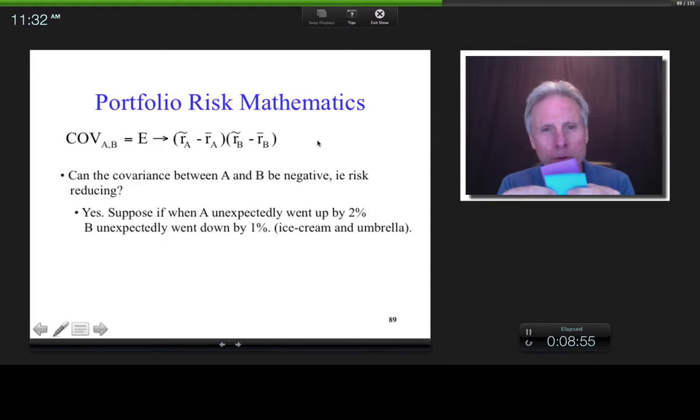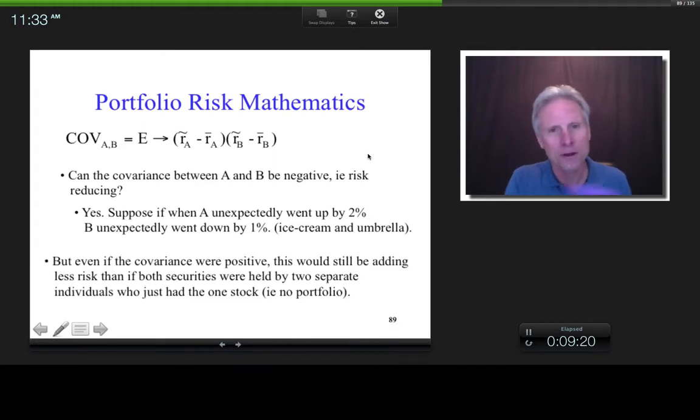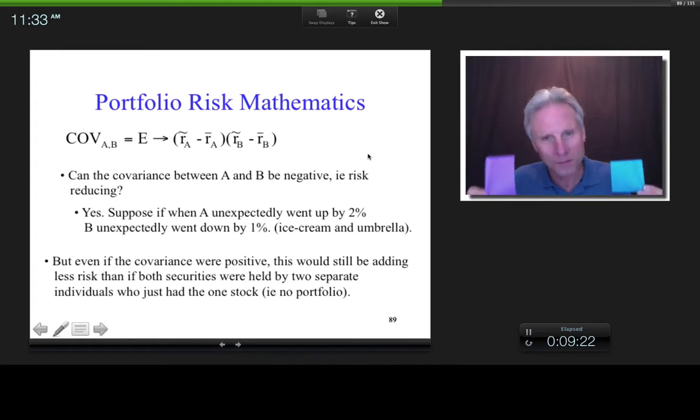If as a portfolio you hold them both, and now you have 10 risk units, the real benchmark is that 12, not 0. So in other words, it is possible that even when the covariance is positive, even when this might be plus 1% and this might be plus 2%, is it still less risk than if you take the sum of 2 individuals holding just those stocks and are not diversified?